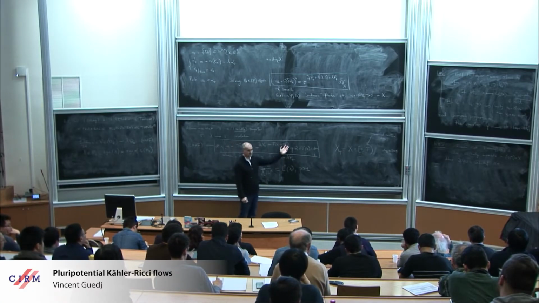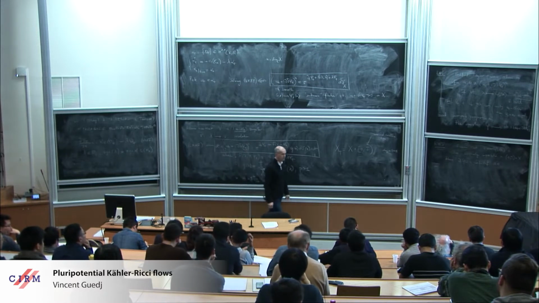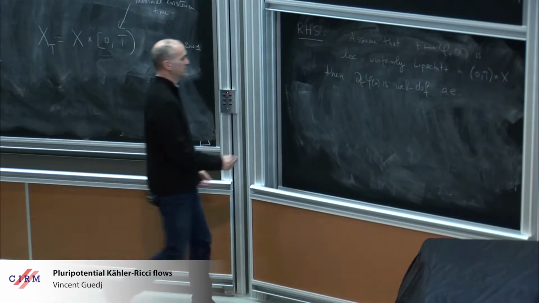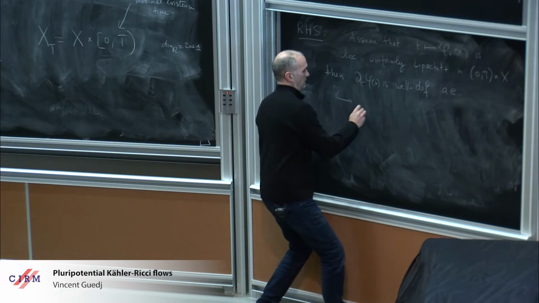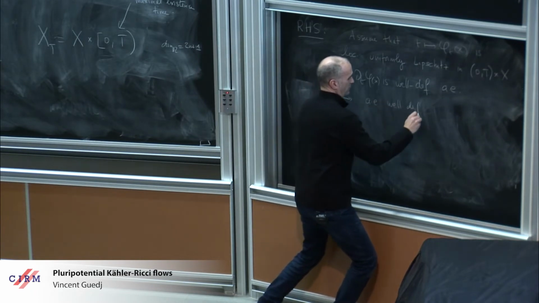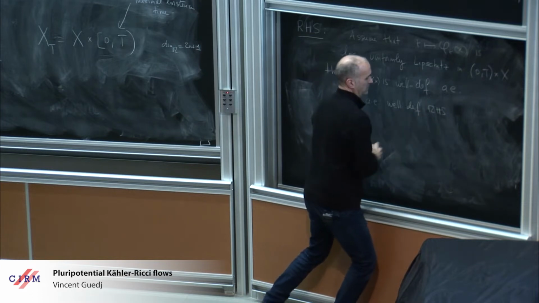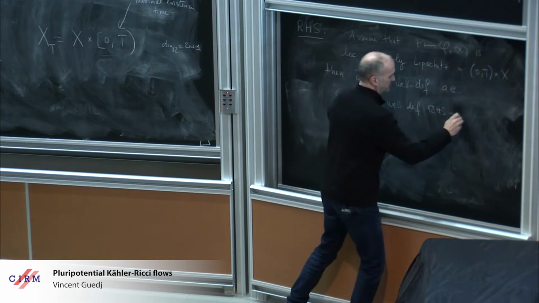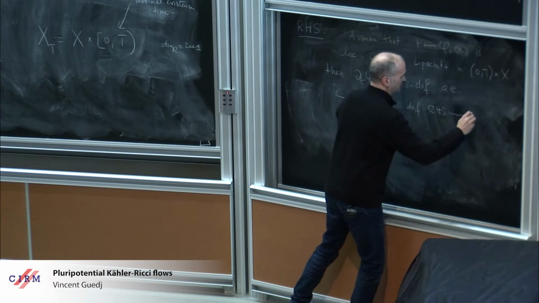You plug in the rest of the picture, and you end up with an almost everywhere well-defined density of the right-hand side, hence a well-defined right-hand side.